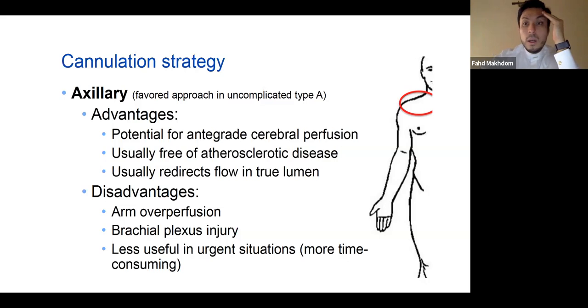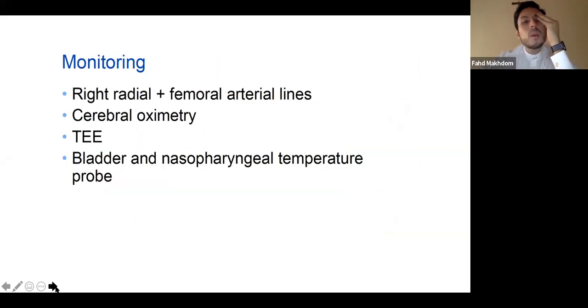All right, so we talked about axillary cannulation and femoral cannulation. Now monitoring for those patients. Let's step back. If you have a right radial artery and a femoral line, and you're doing axillary cannulation, you're covered, because you're going to use the femoral line throughout the case.